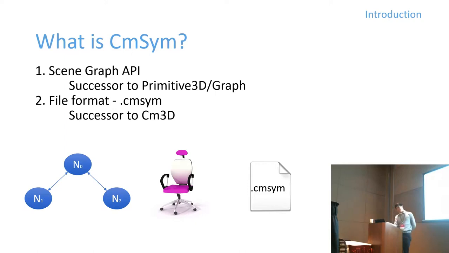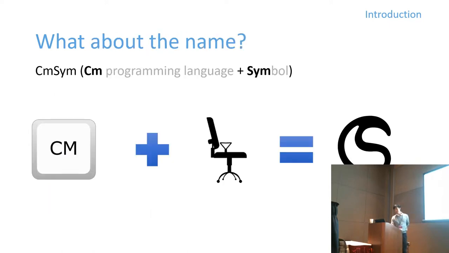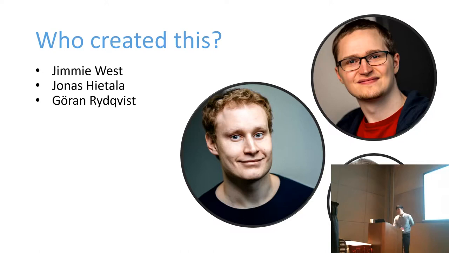And of course, the file format CmSym is a successor to CM3D. There are a few benefits to that. We'll get to that in a bit. So why do we call it CmSym? It's because we code in Cn, and ultimately it's used to represent a symbol. So it's just a quick way to mash it up. Who are the creators?